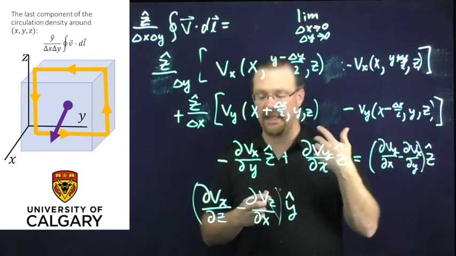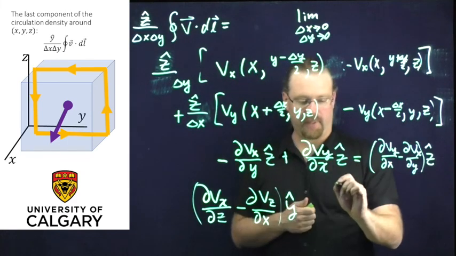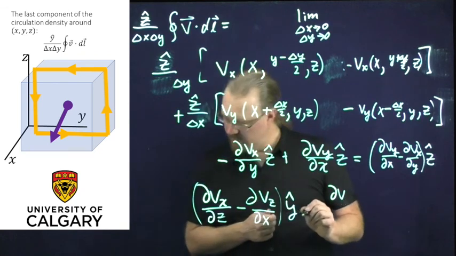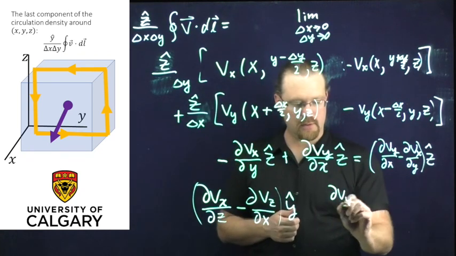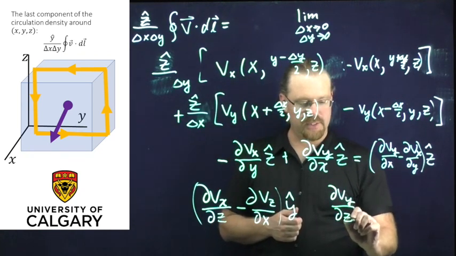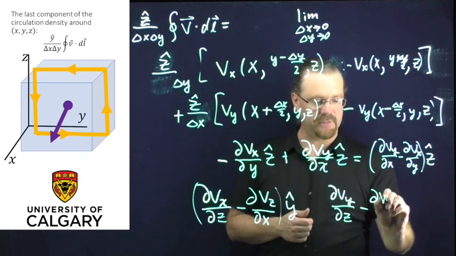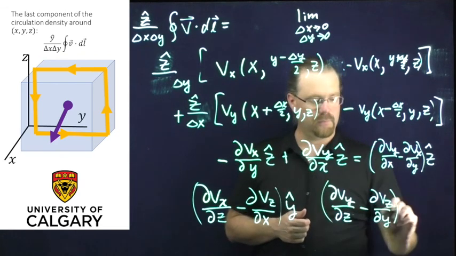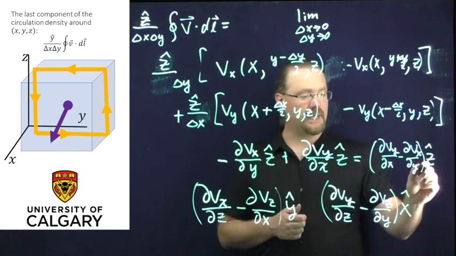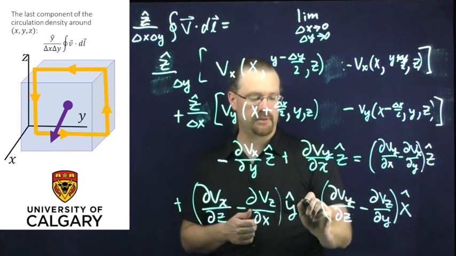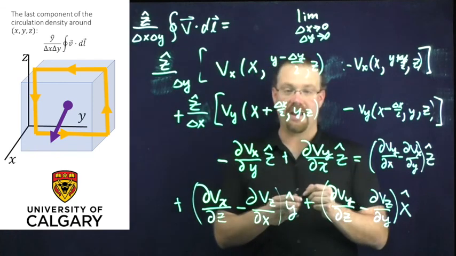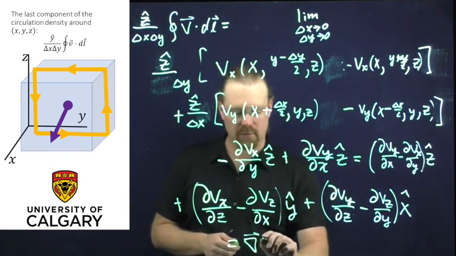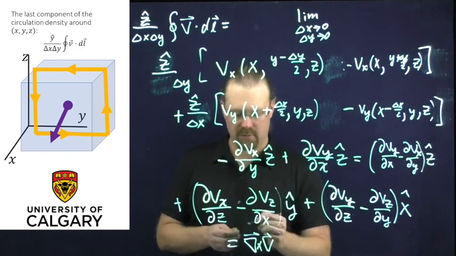And when we take the x hat, what we're going to wind up having is dVy dz minus dVz dy pointing in the x hat direction. And then we're going to add this to this to this, and that will all wind up equaling the curl of V.